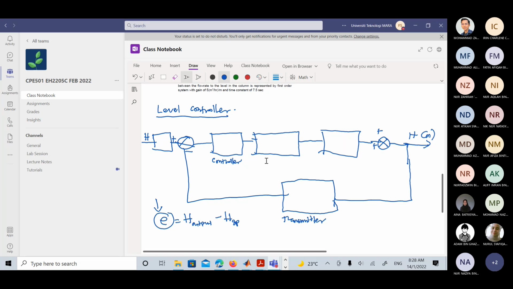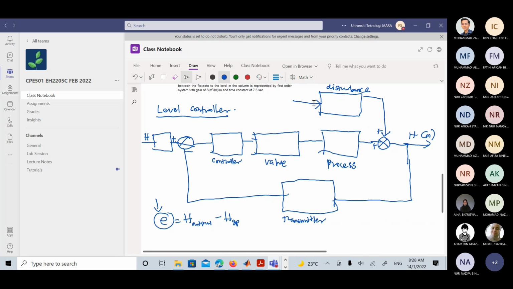So the controller sends the information to the valve, and then only you can get the process. And then there is a block for this turbine. Okay. So this is the common block diagram for the level controller.